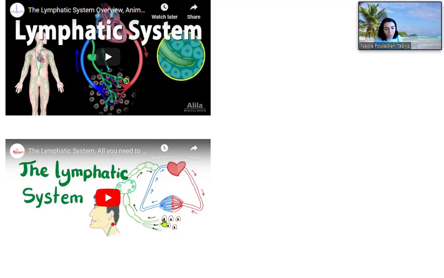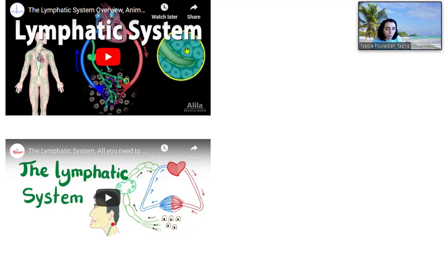Therefore, we have another system of some other tiny capillaries that are not blood vessel capillaries. Those are lymphatic capillaries. Those lymphatic capillaries are not a continuation of any other vessel. They start here in the interstitium among the cells around them.